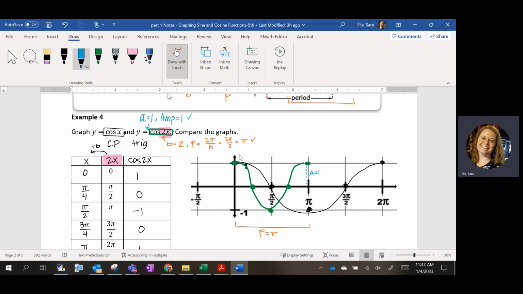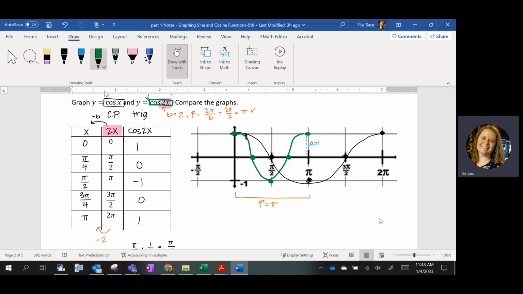Okay, what would you describe this transformation as? A horizontal compression. Good. It's like you put your hands on the outside of the graph and squeezed it in.